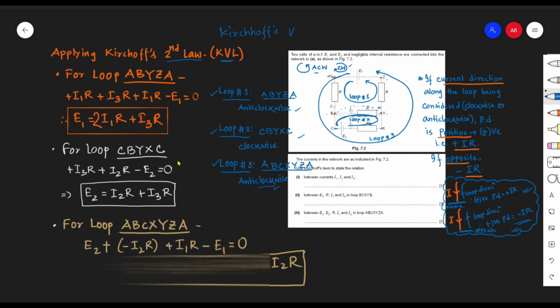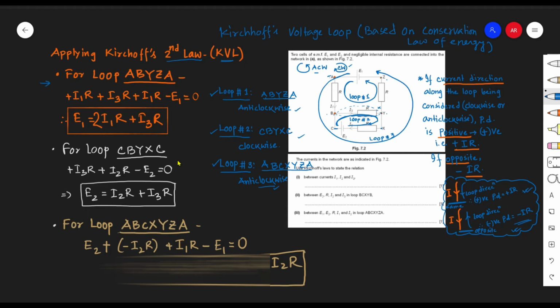KVL, you know, Kirchhoff's voltage loop. If you look at the circuit again, current I1 is flowing through the resistor R. The loop I chose anti-clockwise. Look at this. The loop is along the direction of the current. The loop is from positive to negative. As I go away from the positive, I am moving along the direction of the current I1.